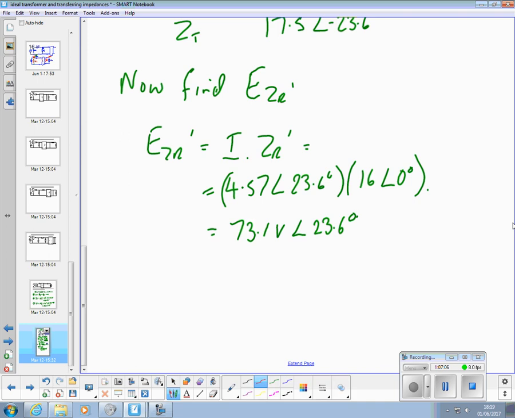Now here's the key. We don't want to know what EZR dash is. We want to know what EZR is.